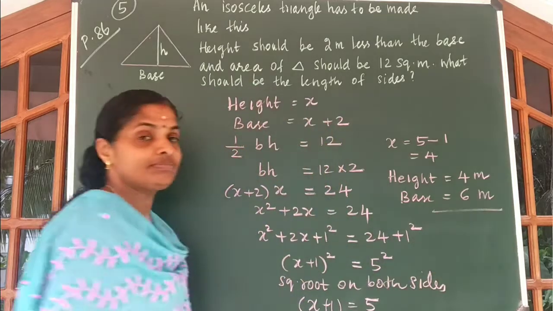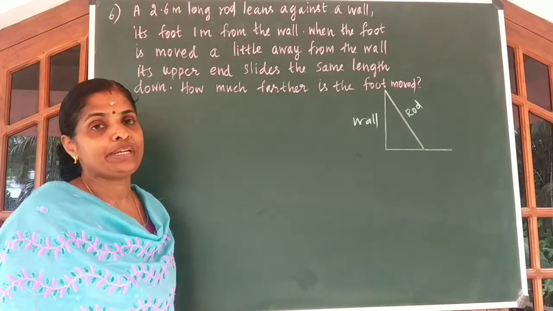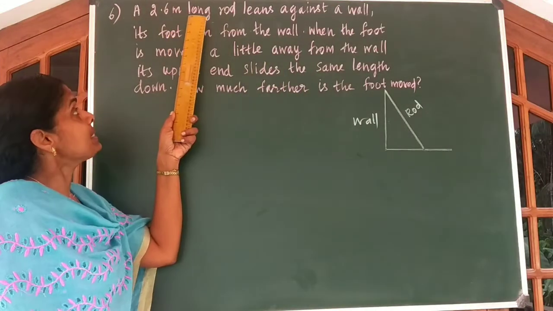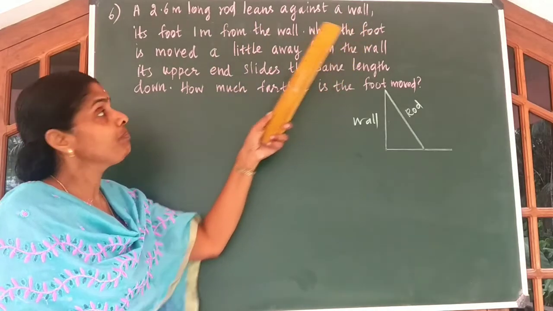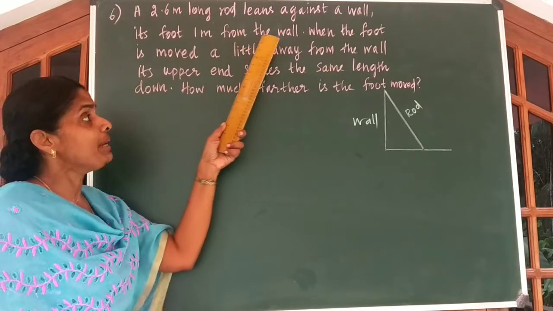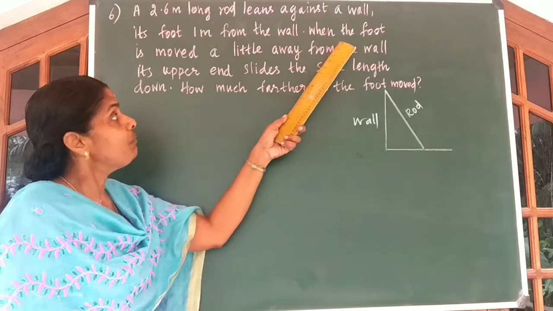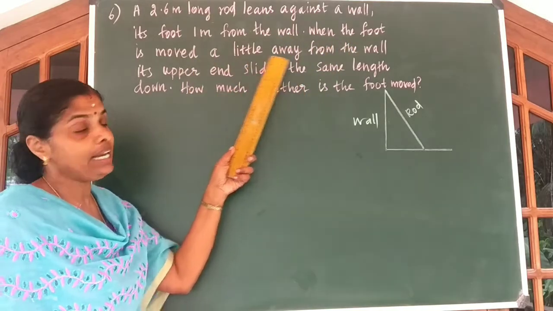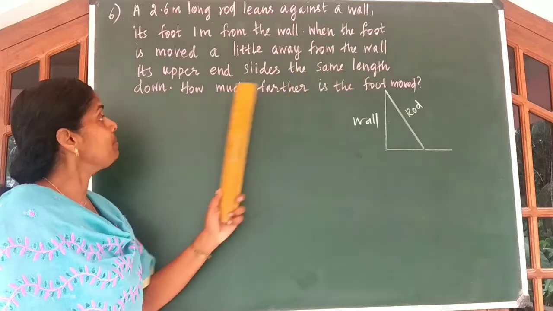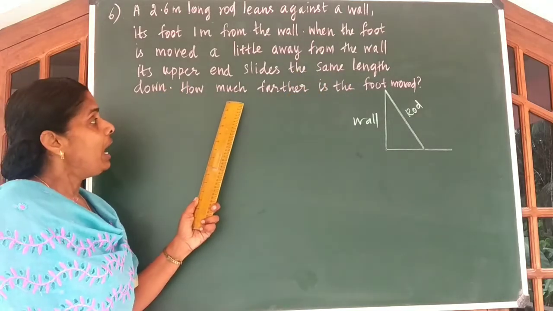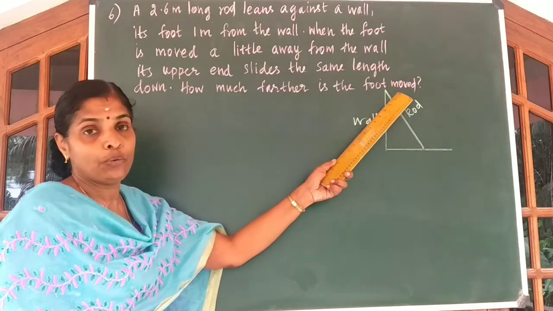Look at the sixth question. A 2.6 meter long rod leans against a wall, its foot 1 meter from the wall. When the foot is moved a little away from the wall, its upper end slides the same length down. How much farther is the foot moved?